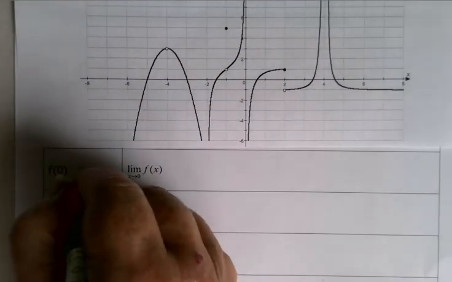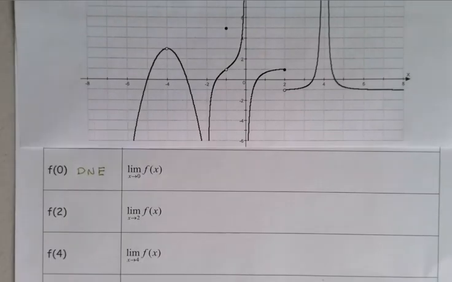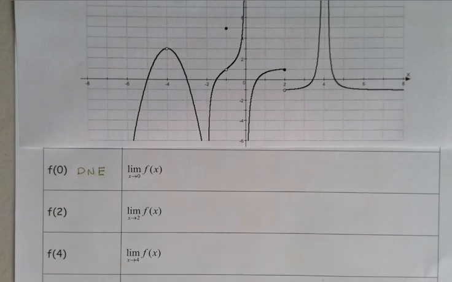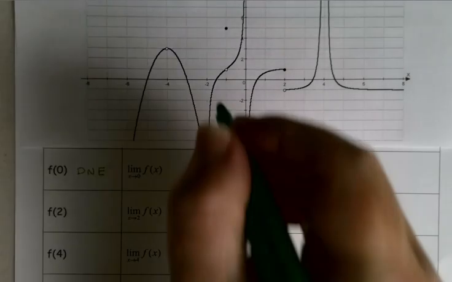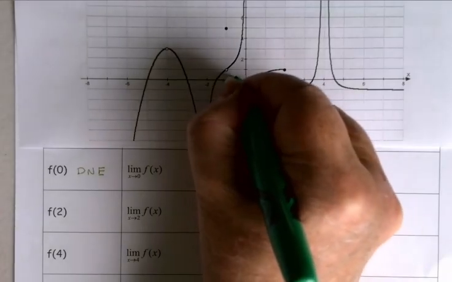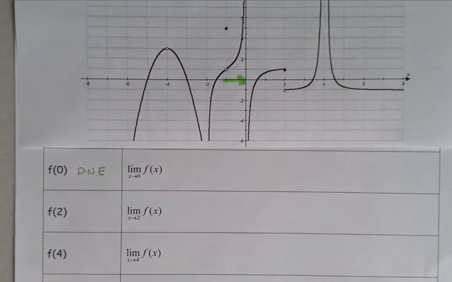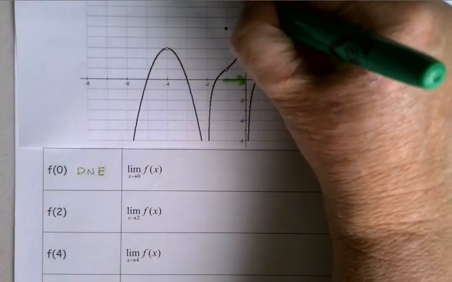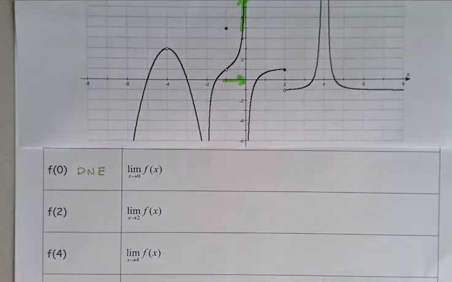So I'm going to once again say that the y value does not exist. But what about the limit as x approaches 0? As we approach 0 from the left, the y values on the graph seem to be going up. They get very large in the positive direction.